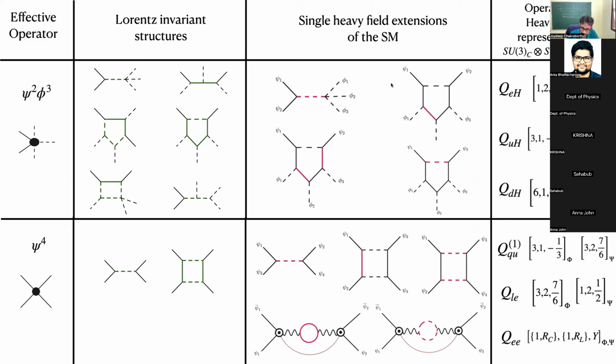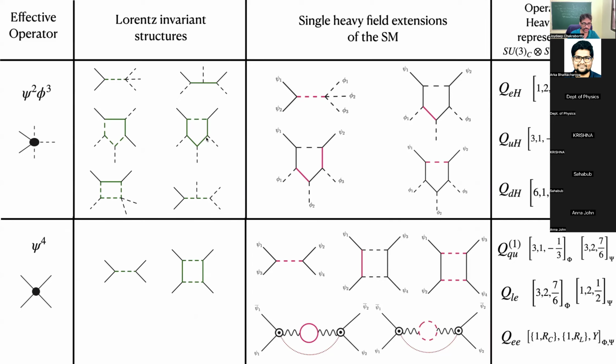Should it be only the Lorentz structure or also some other symmetries? No, the Lorentz symmetry tells you one thing. You start with this, then Lorentz symmetry gives you the possible topologies. Okay. Yeah.